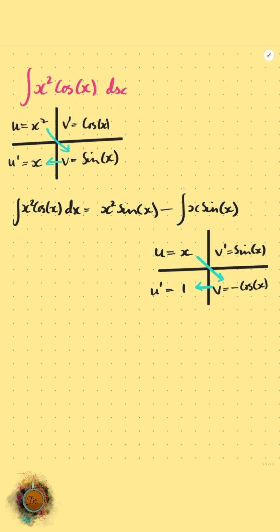Let's realize what we're finding. We're finding this at this point. So if we're going to write this again, whatever result we get is going to go into that box. So the result from that is going to be u times v, so negative x cosine x.